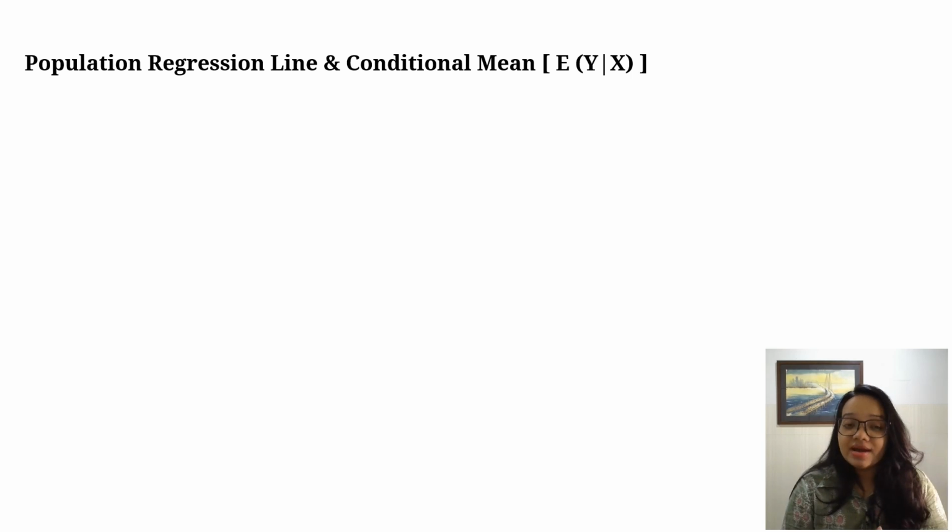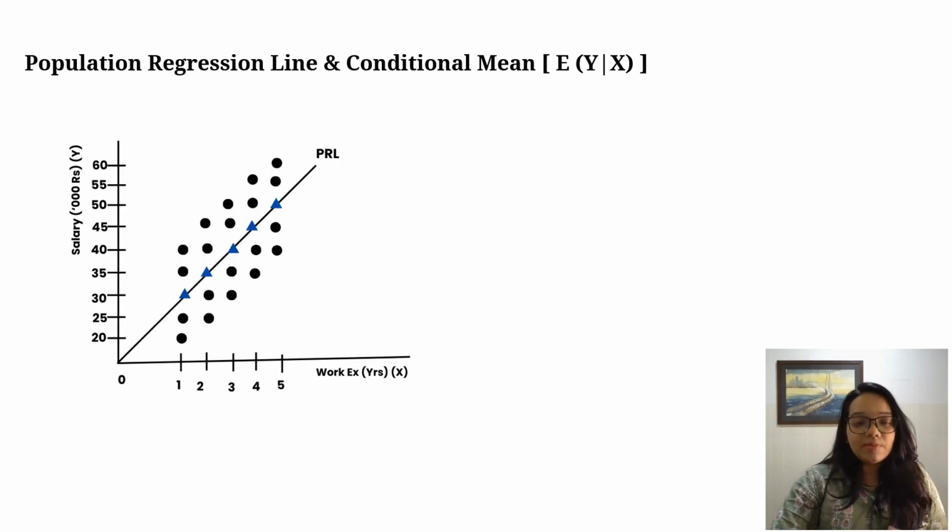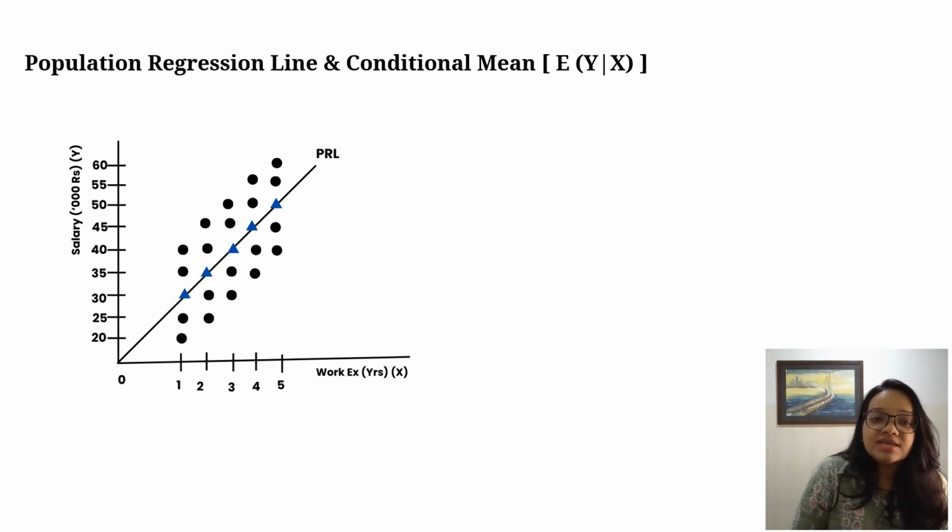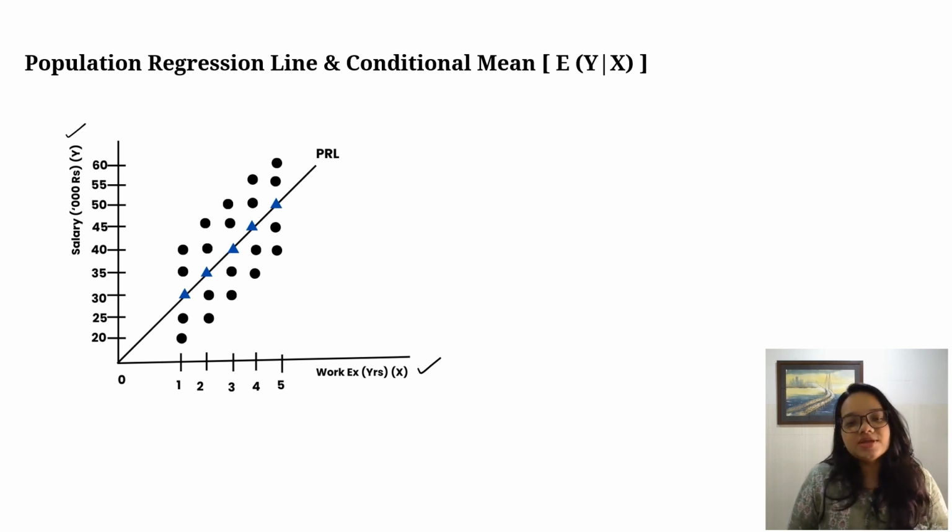So population data in this case is made up of 25 data points. But in reality, you will be dealing with tens of thousands and lakhs of data points. But in this case, we are looking at a population data of 25 observations. When all 25 data points are individually plotted on this graph, you have salary on the y-axis and years of work experience on the x-axis, and all individual 25 data points are plotted.